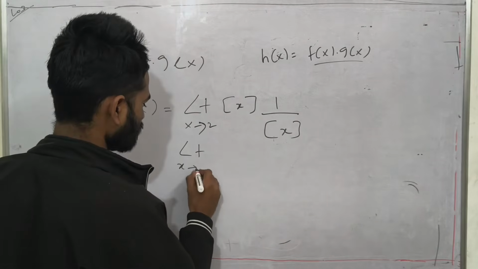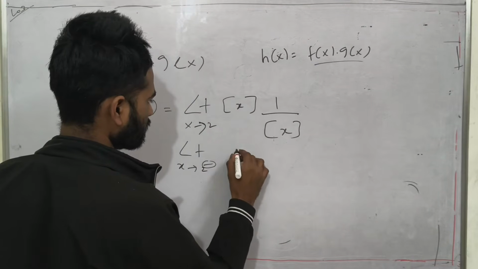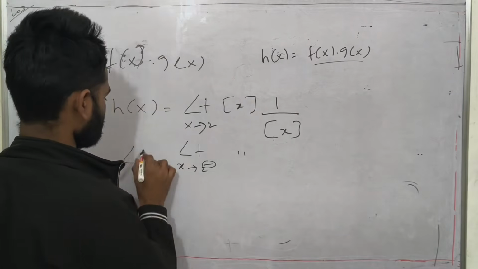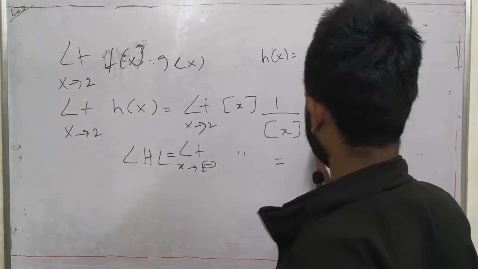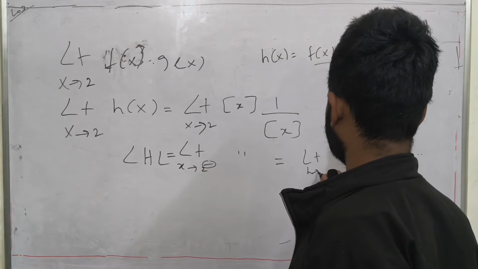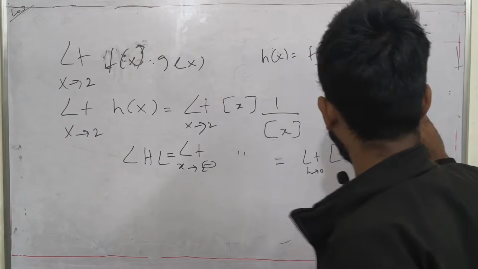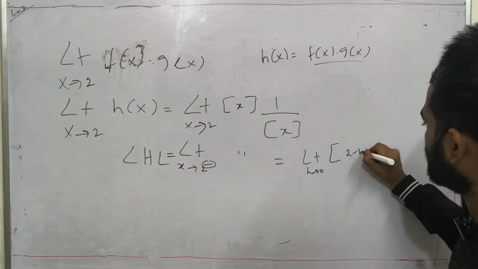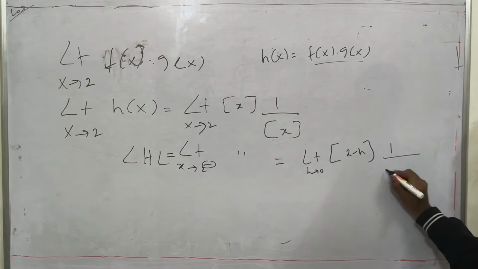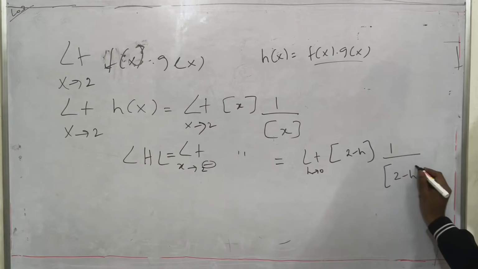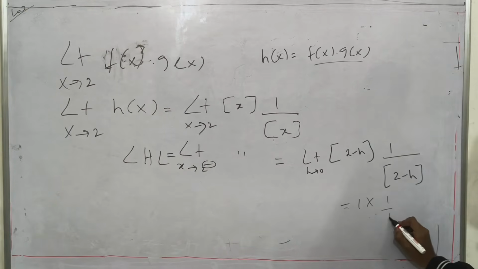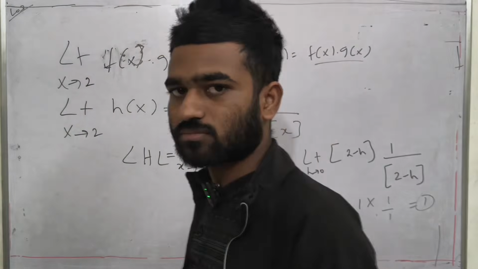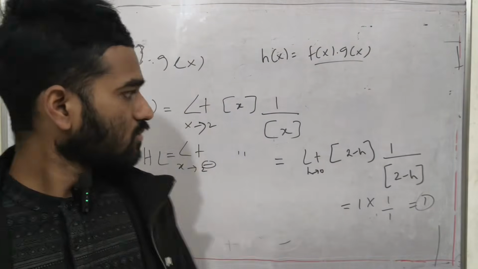So here limit x tends to 2 minus, this is the left hand limit, equals limit h tends to 0 of step of 2 minus h into 1 by step of 2 minus h. This value is 1 and this value is 1, so the answer is 1. So okay, good.